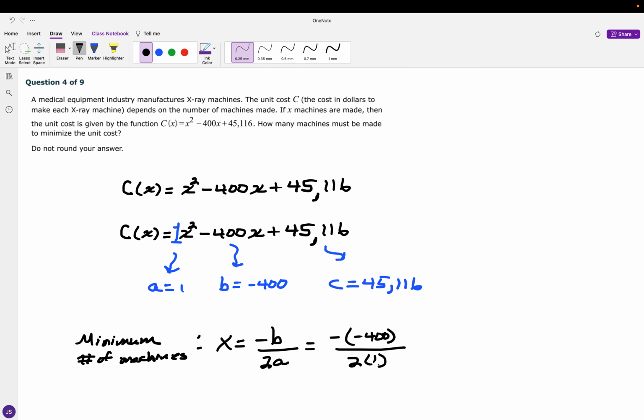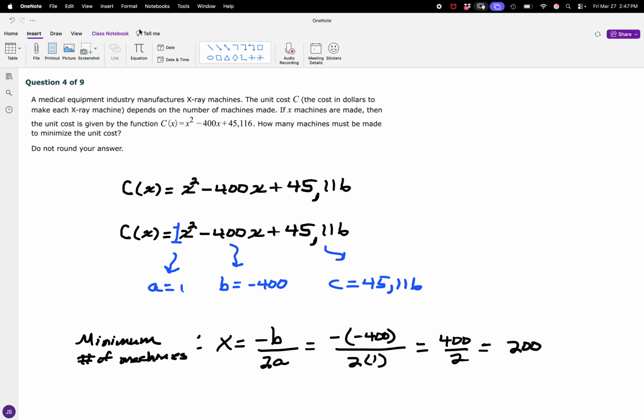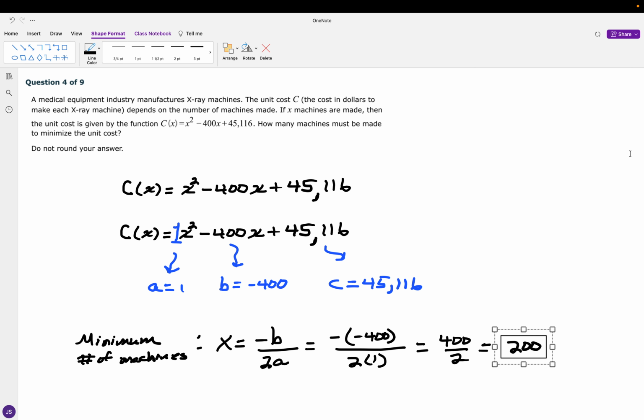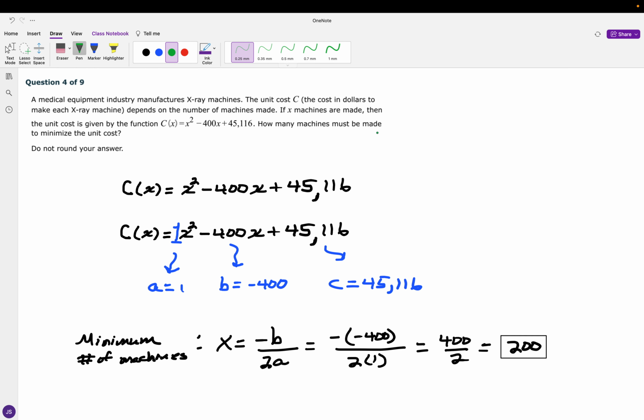And so we have 200. And so in terms of how many machines must be made to minimize the unit cost, you have 200.